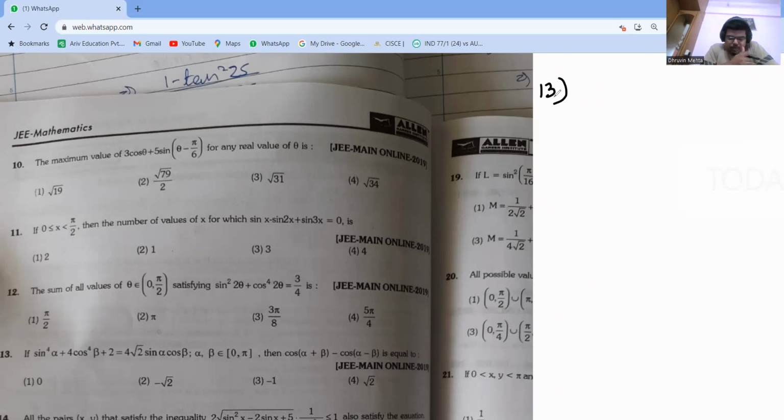Sin raised to 4 alpha plus 4 cos raised to 4 beta plus 2 is equal to 4 root 2 sin alpha cos beta. This is given.